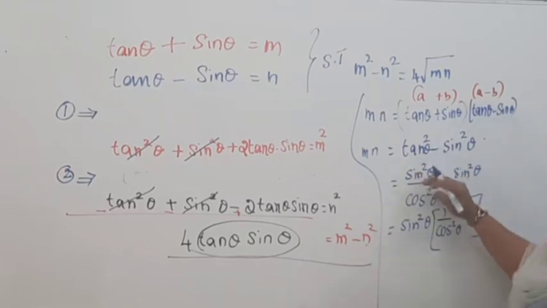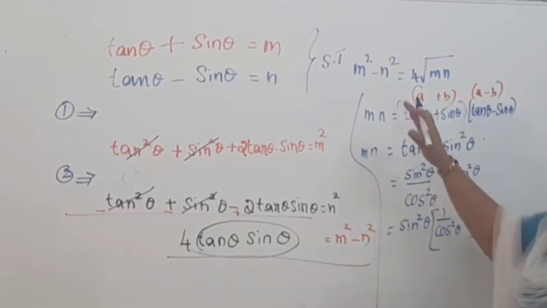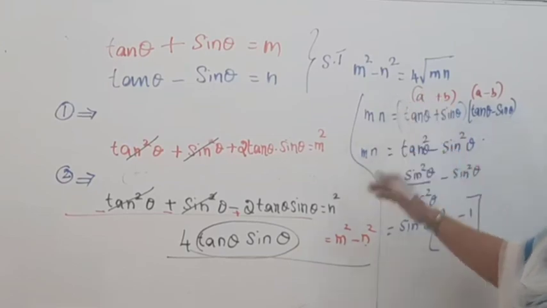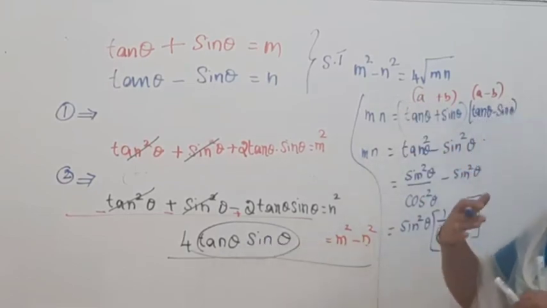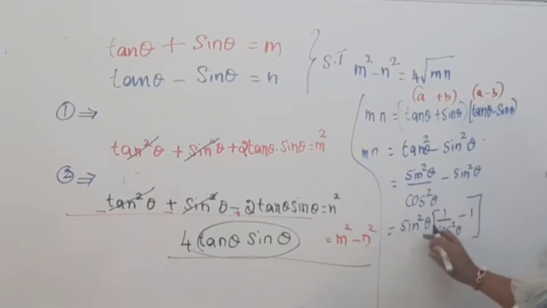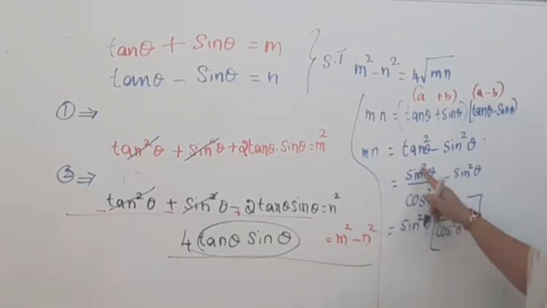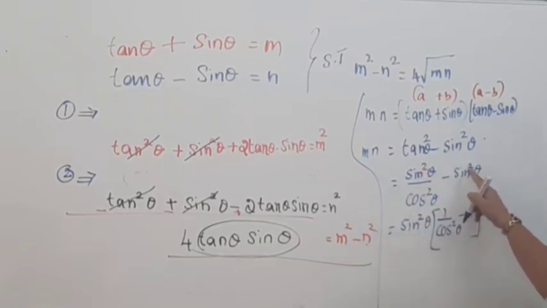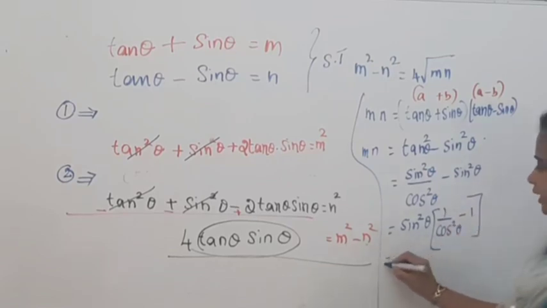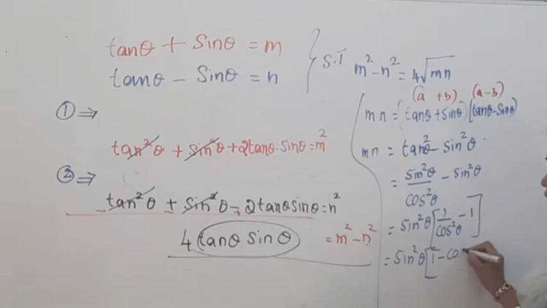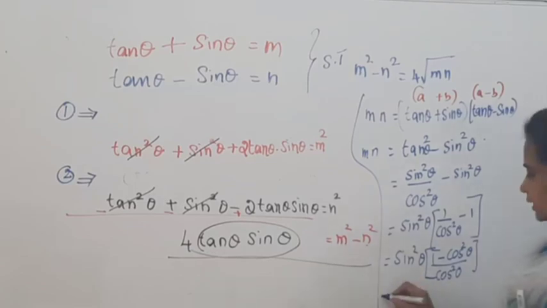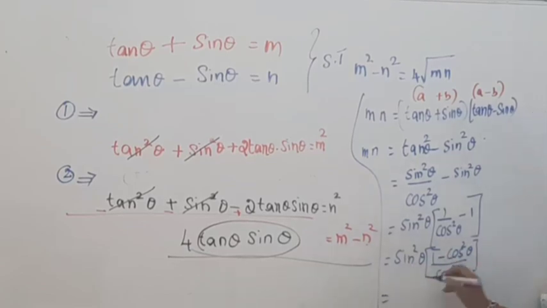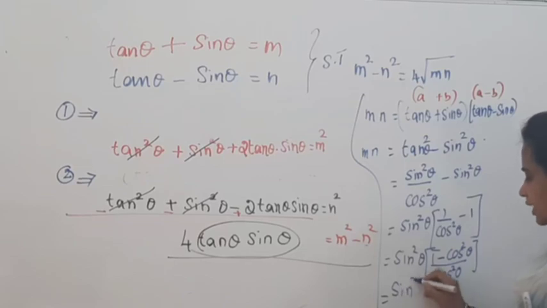So here you have to think a little bit. Why? Because this is all given in sin and tan. So I have taken out sin square theta. So 1 by cos square theta minus 1, this is taken out so it becomes 1. Now taking the LCM, that is sin square theta into 1 minus cos square theta divided by cos square theta. Hope you understand this point. 1 minus cos square theta is nothing but sin square theta.